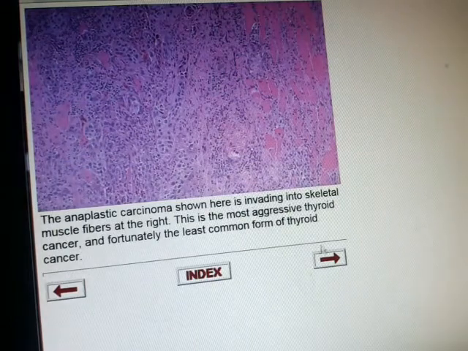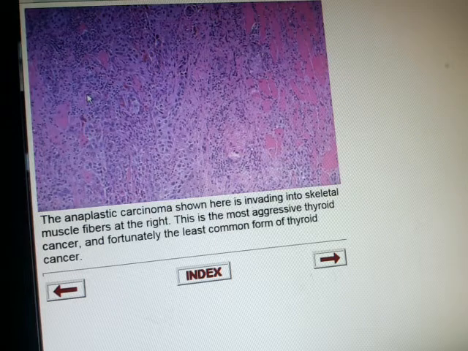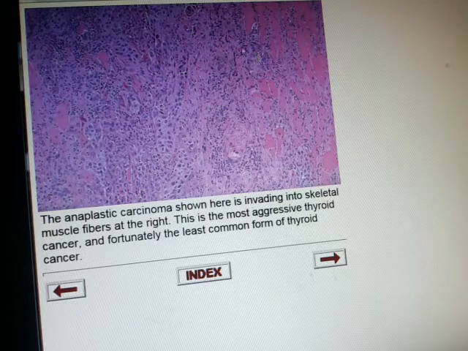Histological section of anaplastic carcinoma reveals loss of the normal follicular architecture of thyroid tissue. Just these non-differentiated tumor cells are seen infiltrating within the thyroid tissue with this inflammatory infiltrate, and here the malignant cells are seen infiltrating through the skeletal muscle fibers, the adjacent skeletal muscle beside the thyroid.